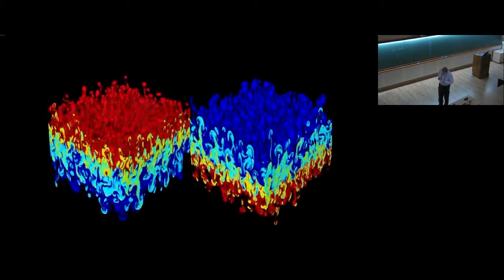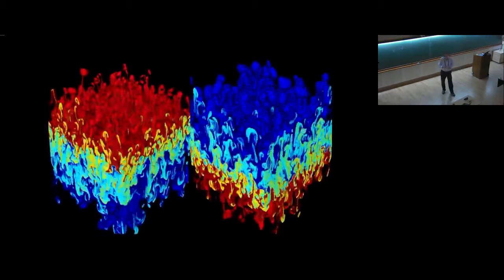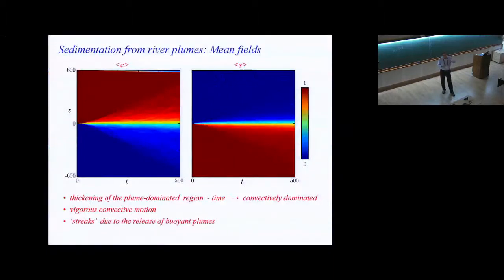So now we want to make some progress quantitatively, and in order to do that, we take horizontal averages in our 3D simulation. So we average concentration fields and so on across the entire horizontal plane, and that gives us a one-dimensional vertical profile, and we can look at that profile as a function of time.